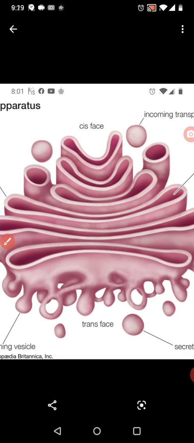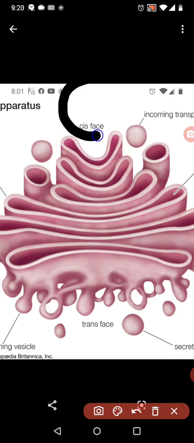Now, the main, very important function of the Golgi apparatus is to store, modify and package the products. In short, transportation, modification and packaging of the products. Now, suppose the endoplasmic reticulum is present, children. The rough endoplasmic reticulum synthesizes the protein.